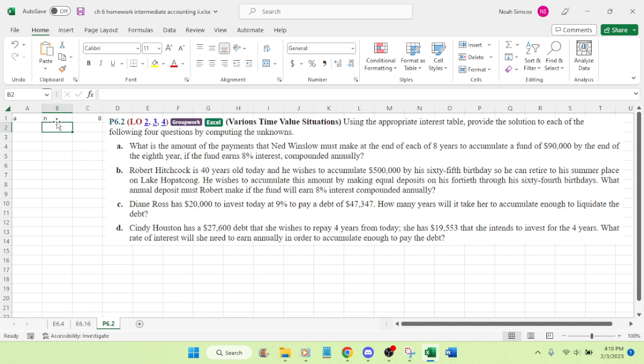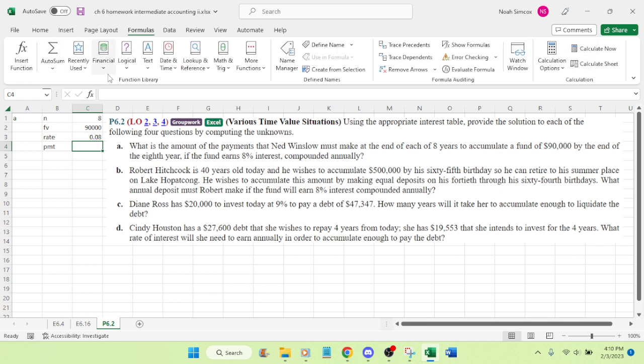We have a future value of 90,000, and then a rate of 0.08. So that's pretty simple. The amount of the payments that it makes at the end of the year. So payment is what we need to solve for.